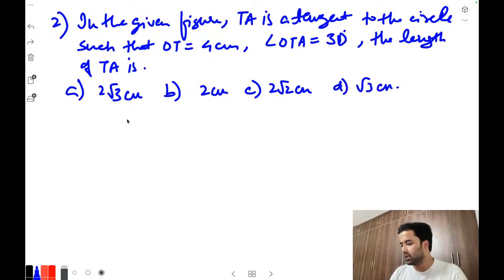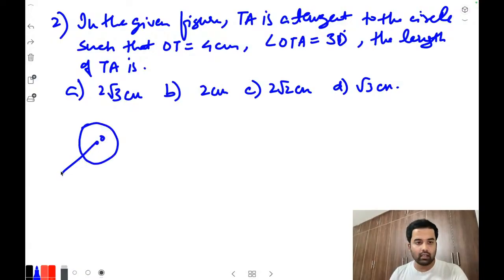Let me keep a diagram here below. O is the center. You can start the answer, everyone. This is 30 degree and this is 4 centimeter.